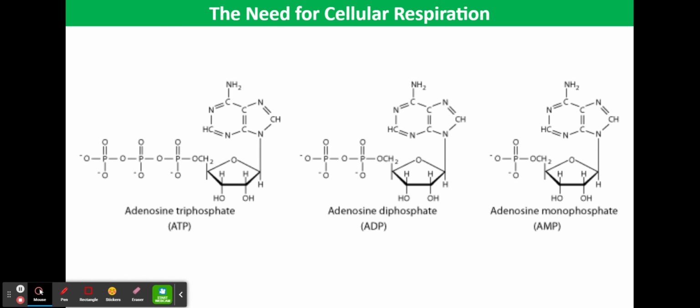It is a phosphorylated nucleotide. Each molecule of ATP consists of adenosine, which is the nitrogenous base adenine plus the 5-carbon sugar ribose, and 3 phosphates or phosphoryl groups.